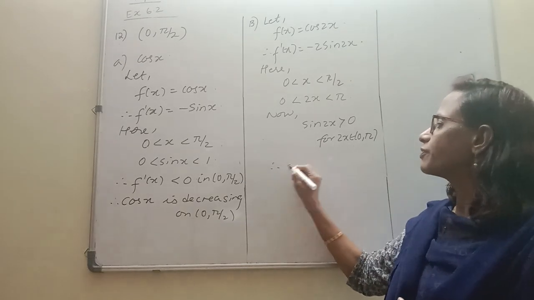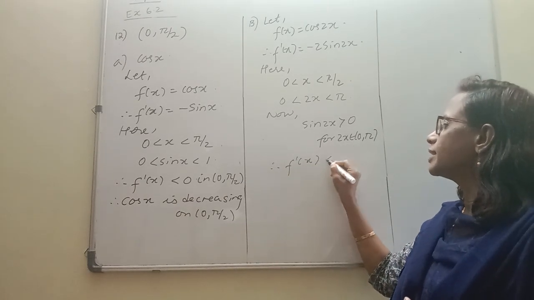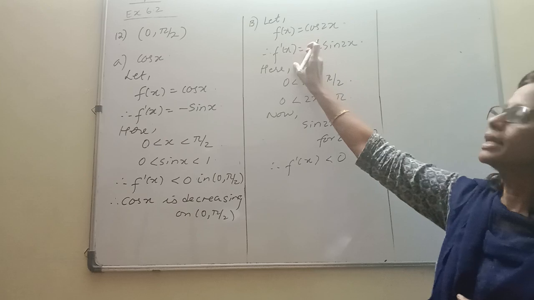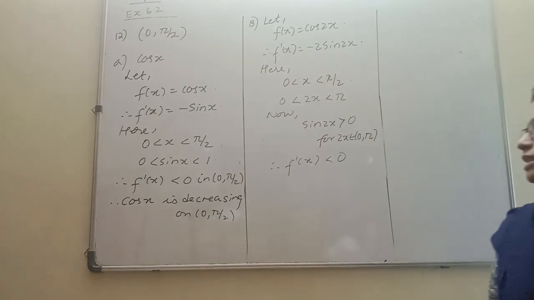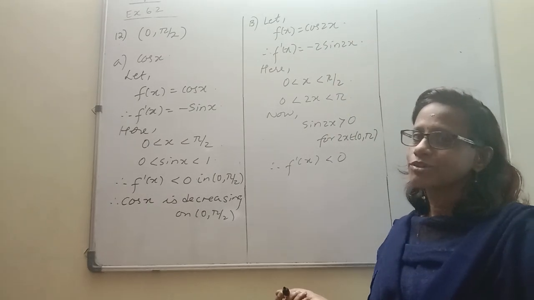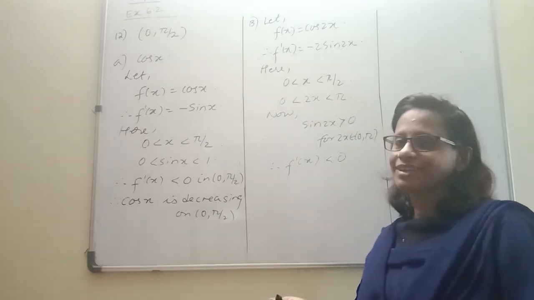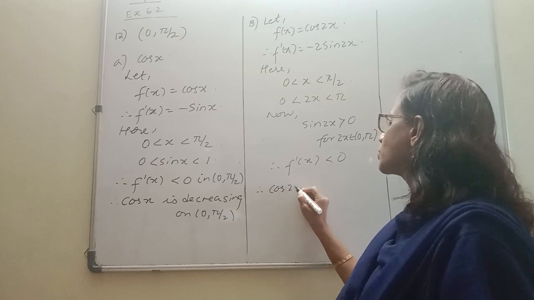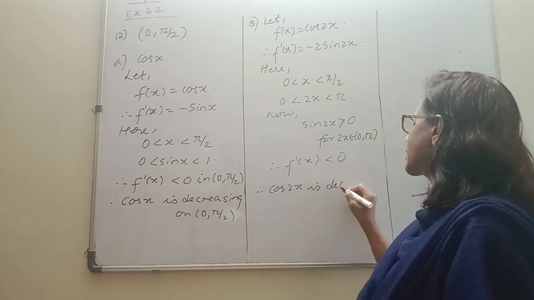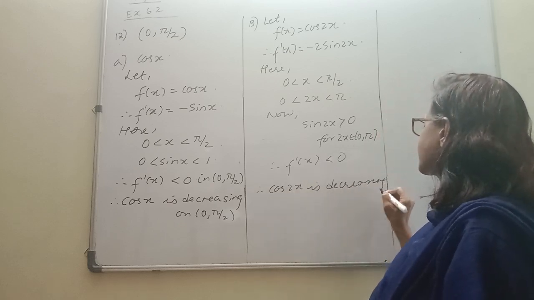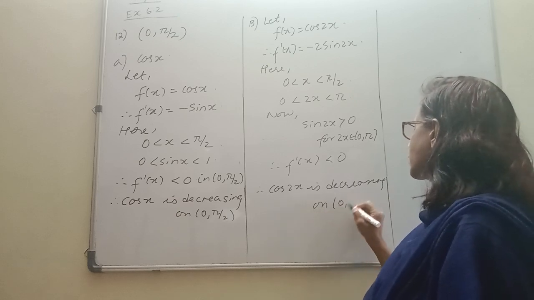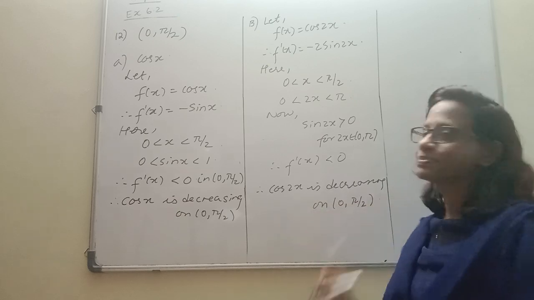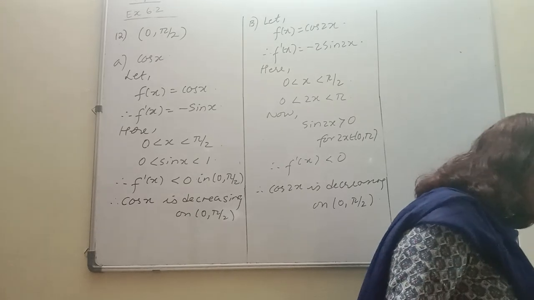Then f dash x is definitely less than 0, because it's a positive part and there is a negative sign here. If it is less than 0, then automatically we have a decreasing function. So we can say that therefore cos 2x is decreasing on 0 to pi by 2. That's how it is.